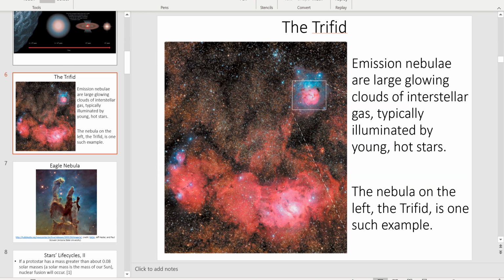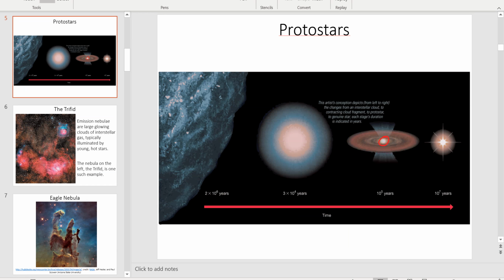I just want to mention before I continue that we talked about what powers stars, which is nuclear fusion. We discussed this when we talked about the sun, and I mentioned that the core of the sun is the region in which nuclear fusion is taking place.